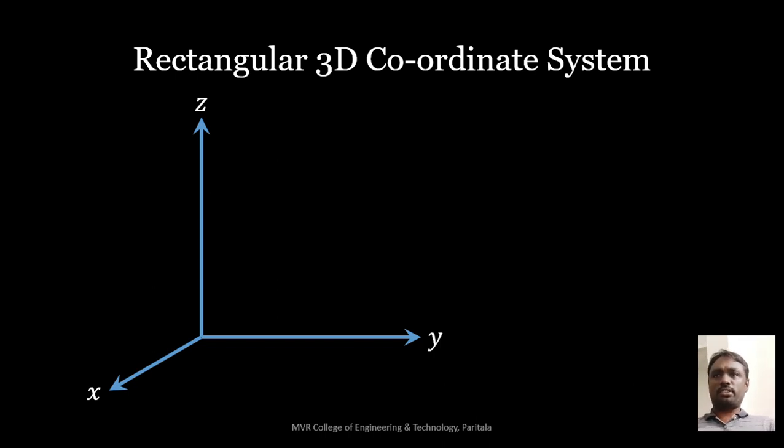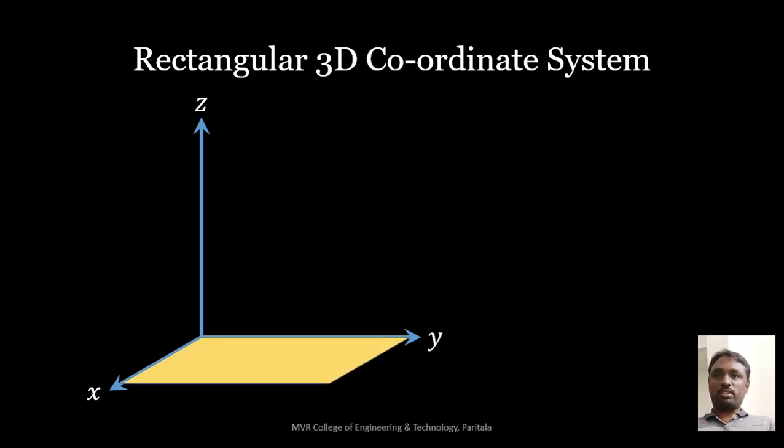What is meant by a plane? Let us take the z-axis as a constant value. Now I am taking z equal to 0 and only varying x and y. Then how will the plane become? This is the plane, occupied by only x and y, and here the value of z is equal to 0.